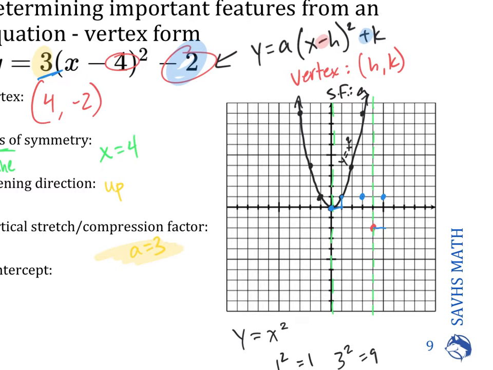Then normally we would go from the vertex over 2 and up 4. But because our scale factor is 3, we have to go not up 4, but up 12. So count 1, 2, 3, 4, 5, 6, 7, 8, 9, 10, 11, 12. Right there. Since I'm at the very top of my screen, I'm not even going to try to do the next one. But then you can graph your parabola like this.